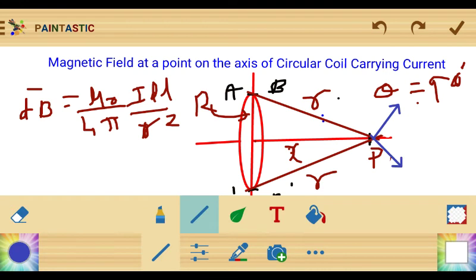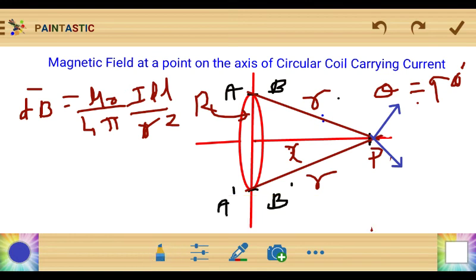Because there are two current elements, the direction of magnetic field will be opposite. Due to AB, this is the magnetic field, and due to the A dash B dash current element, this one.